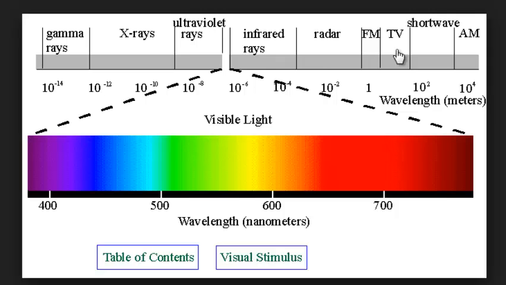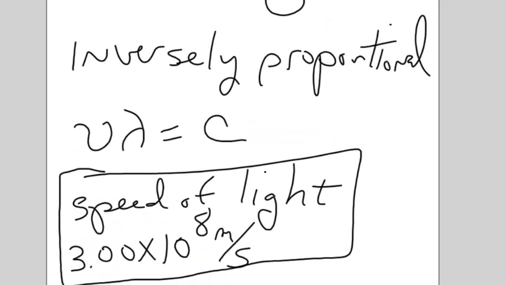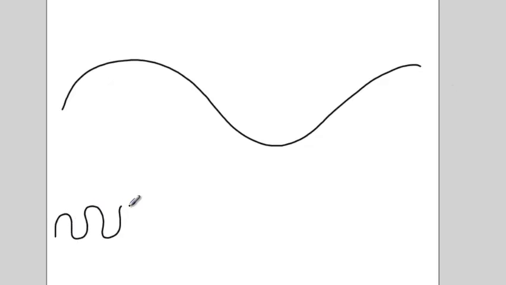All of those things are, in fact, simply different wavelengths of light, different frequencies of light. It's all the same. It is simply those waves. It's simply a matter of whether we're talking about a wave like that or very close together like that.